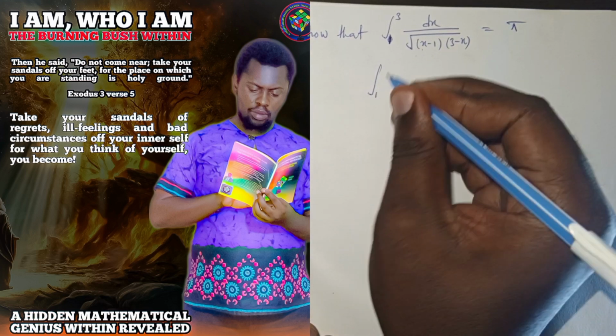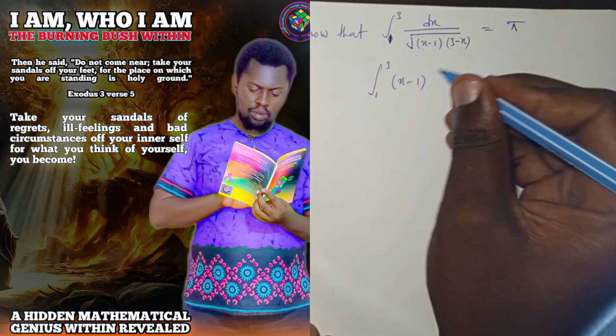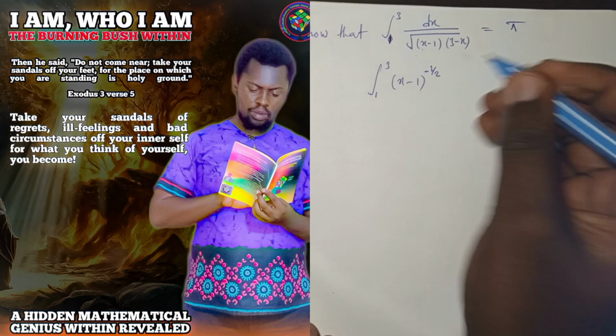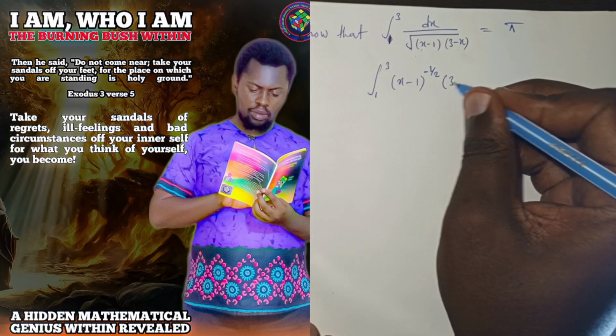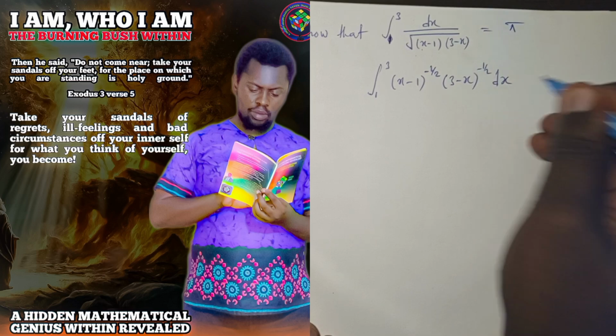So we have the integral from 1 to 3 of (x minus 1) to the power minus half and (3 minus x) to the power minus half dx.